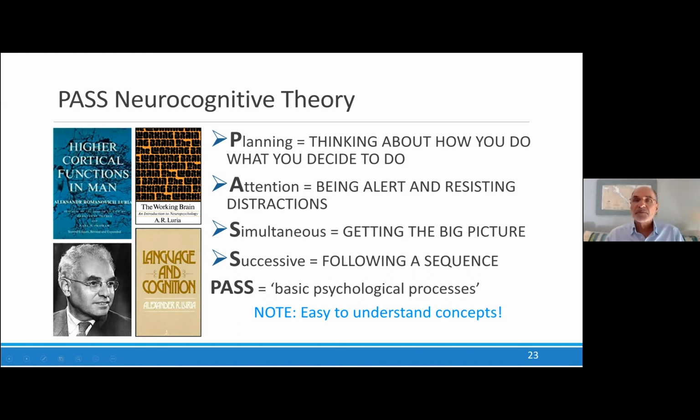But notice something. There's no psychobabble here. You can explain these four abilities to anybody. This is a strength of the PASS theory. Despite the fact that it's incredibly sophisticated and powerful, it's easy to explain.